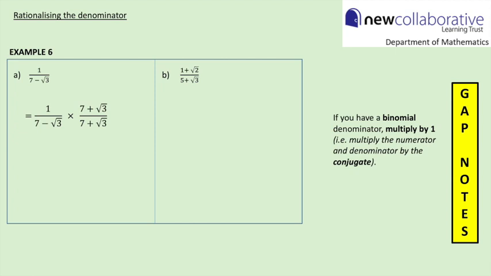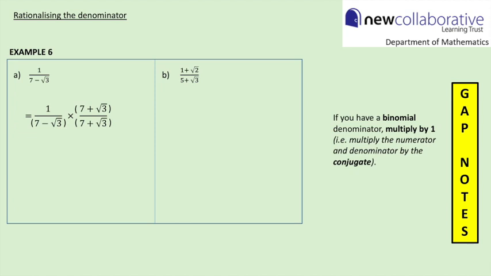Now what I like to do here is add brackets to the parts of the fraction there, and that makes it easier to see how to expand the different parts. So for the numerator, we're going to multiply 1 by 7 add root 3, and for the denominator, we're going to multiply those two brackets, 7 subtract root 3 and 7 add root 3, and we can use the same method that we used in previous examples to do that.